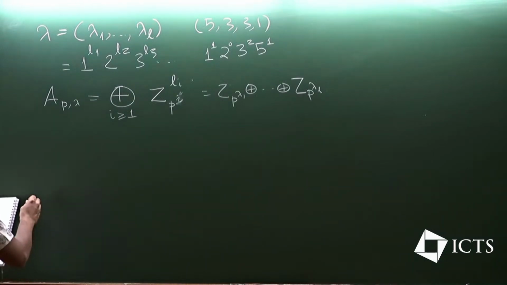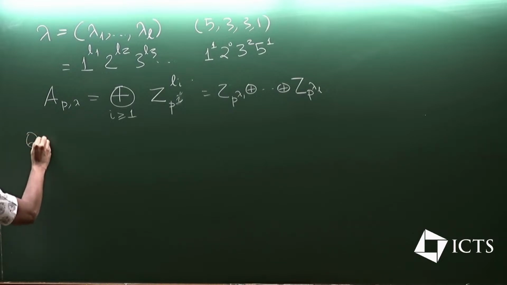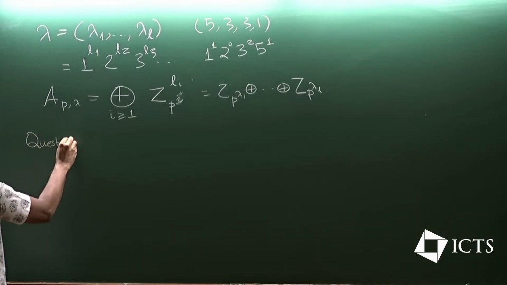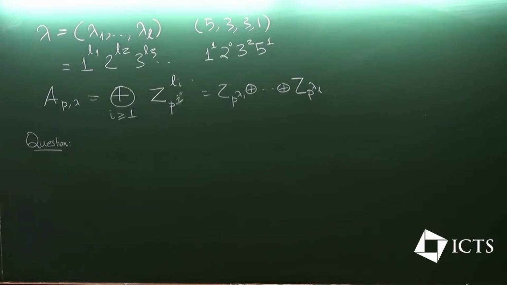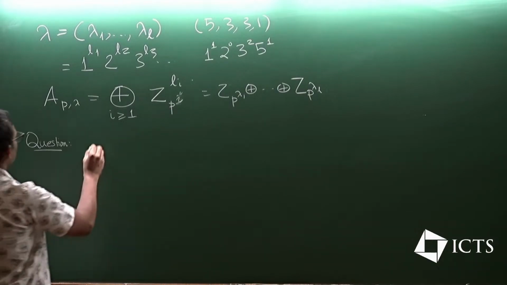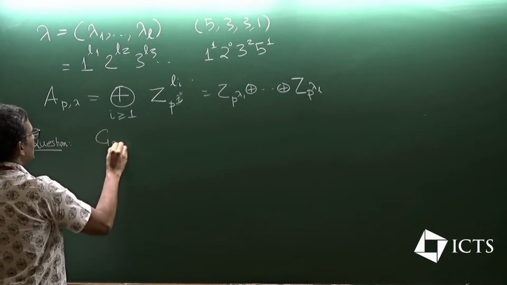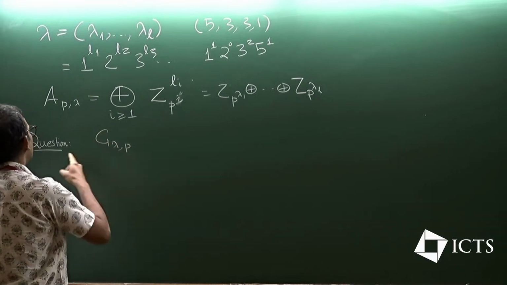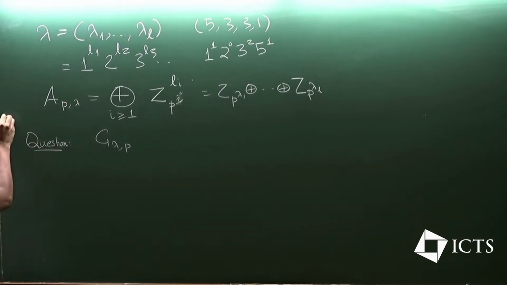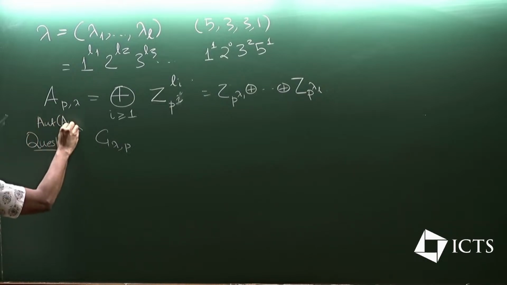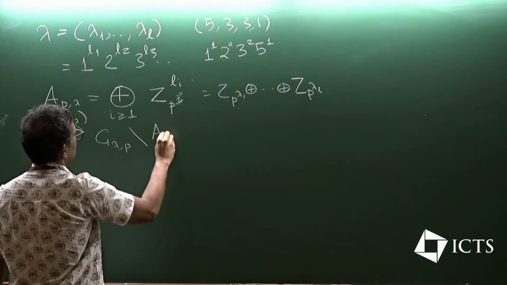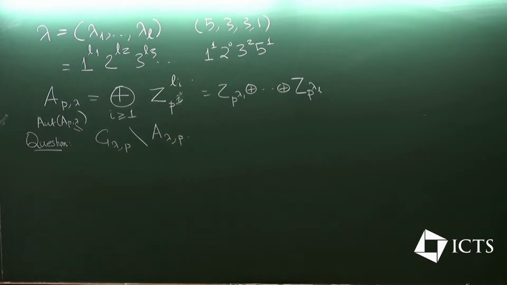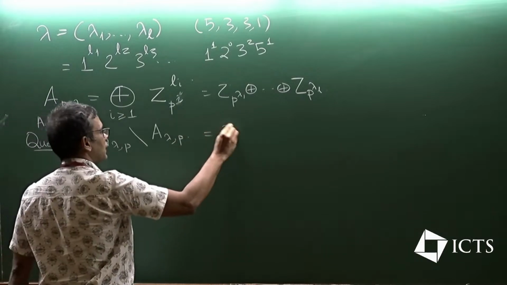And so the question that we'll start off by asking, which a priori doesn't seem to have much to do with subgroups, is this: suppose I define G_lambda(p) to be the automorphism group of A_p(lambda). You can ask yourself, what are the orbits for the action of the automorphism group on this finite abelian group?